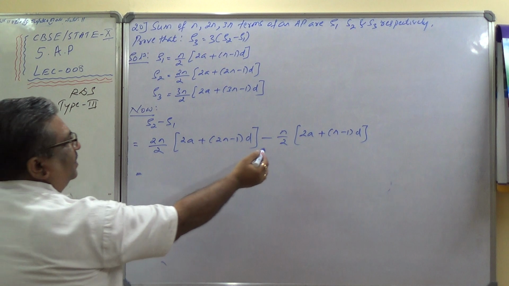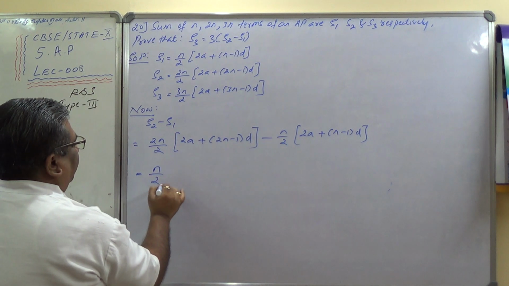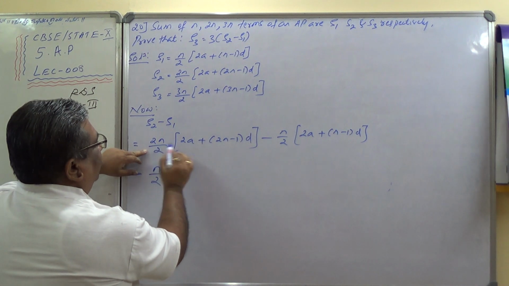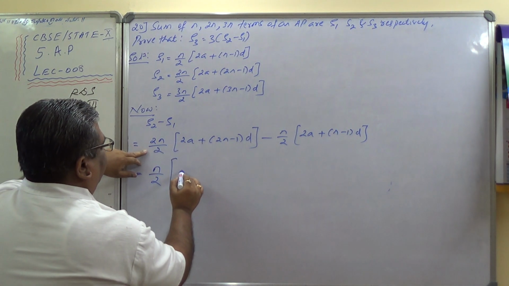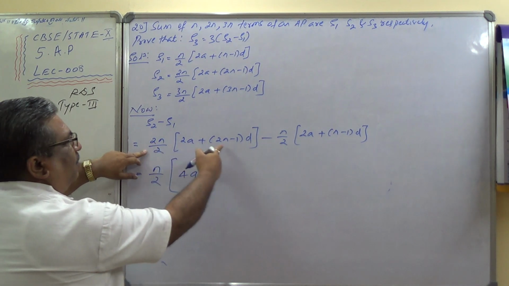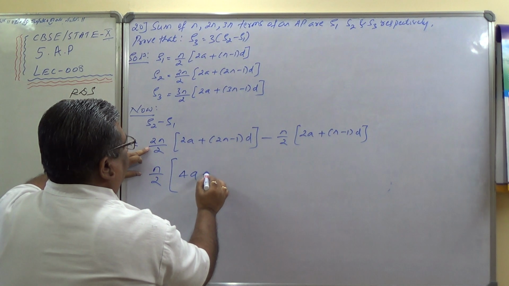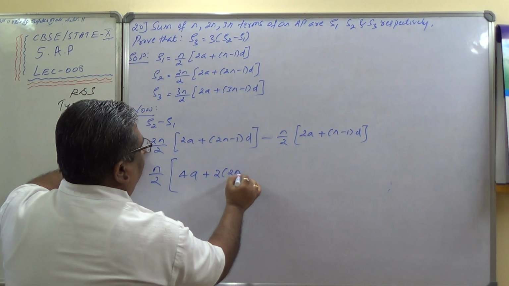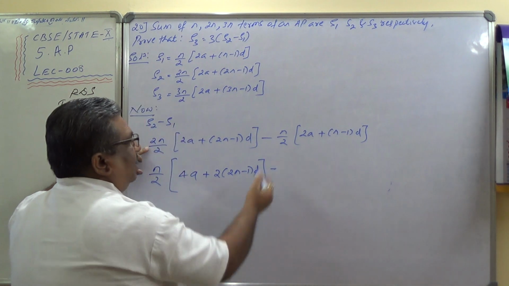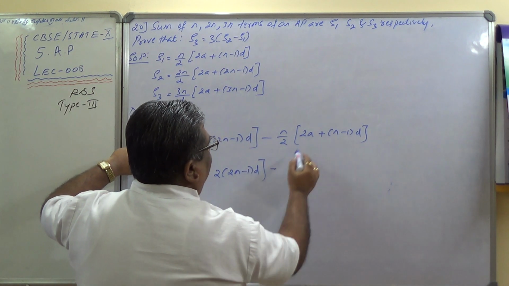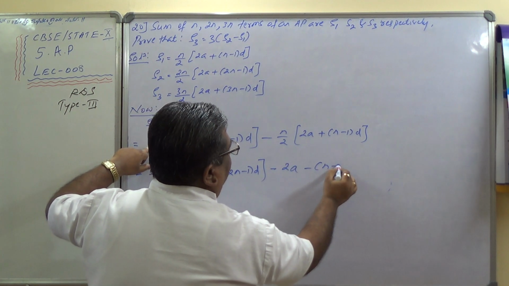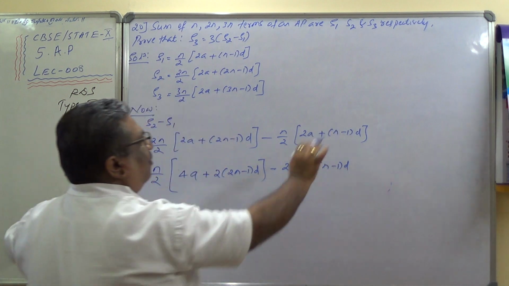What is common out of this? n by 2 is common. n by 2, 2 times 2, we have to multiply for this entire equation. 2 into 2, 4a, and I'll write here 2 times (2n minus 1) into d in order to avoid confusion. Minus, n by 2 has gone out, minus (2a plus (n minus 1) into d). This I have opened the bracket here.